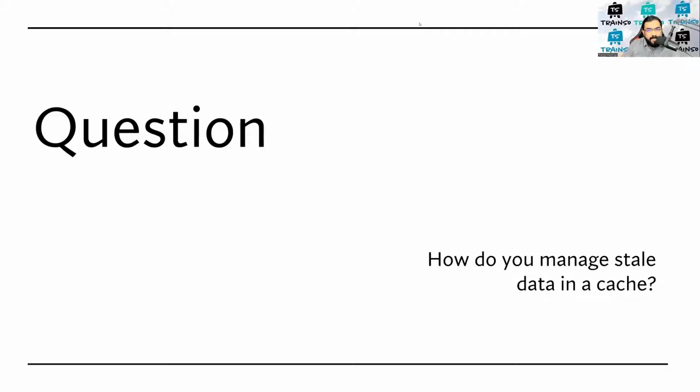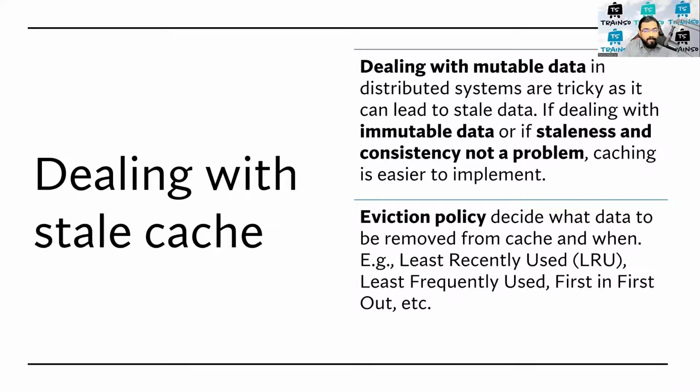Stale data means data has changed in the backend, but still we are using the old data. Dealing with mutable data in distributed systems is a little tricky as it can lead to stale data very fast. And if you are dealing with immutable data, or if staleness and consistency is not a problem, caching is much easier to implement.